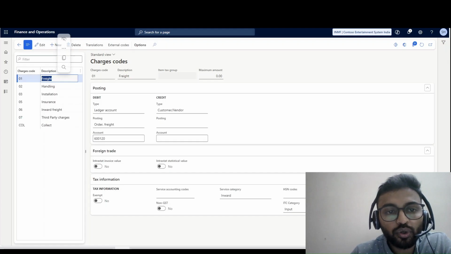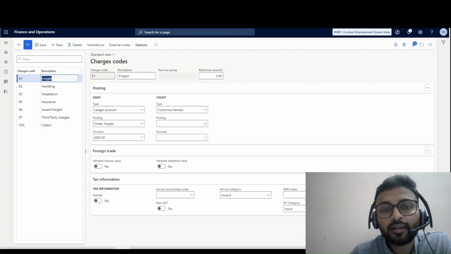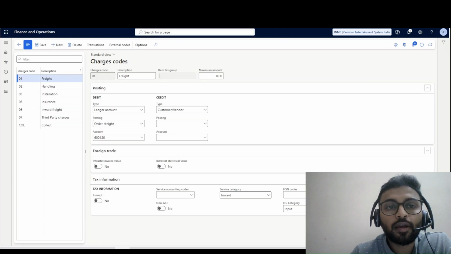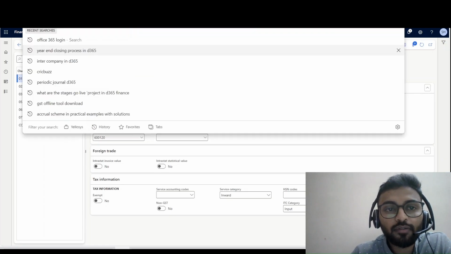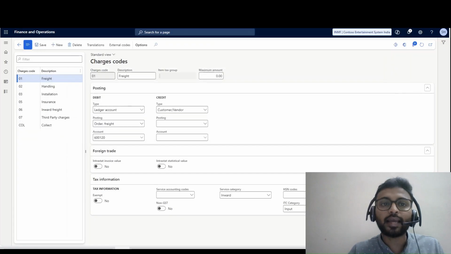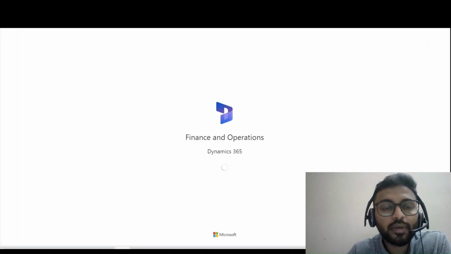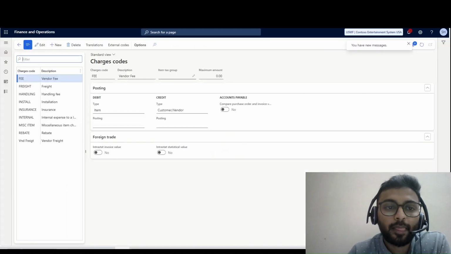This is a charge code, this is a description, this is item tax group. This is not enabled here. Why? Because I am in an Indian legal entity, and item tax group is not applicable for an Indian legal entity. So suppose I change this to USMF, you can see the item tax group column is enabled for charges.